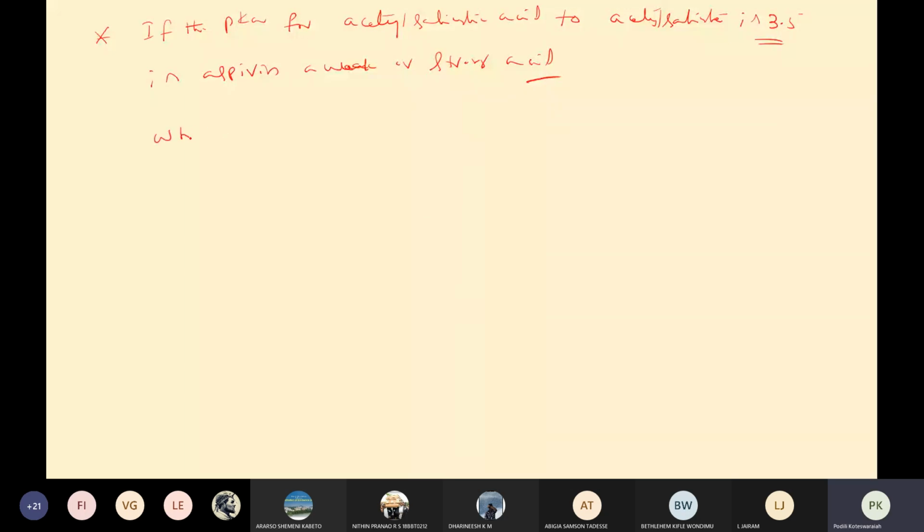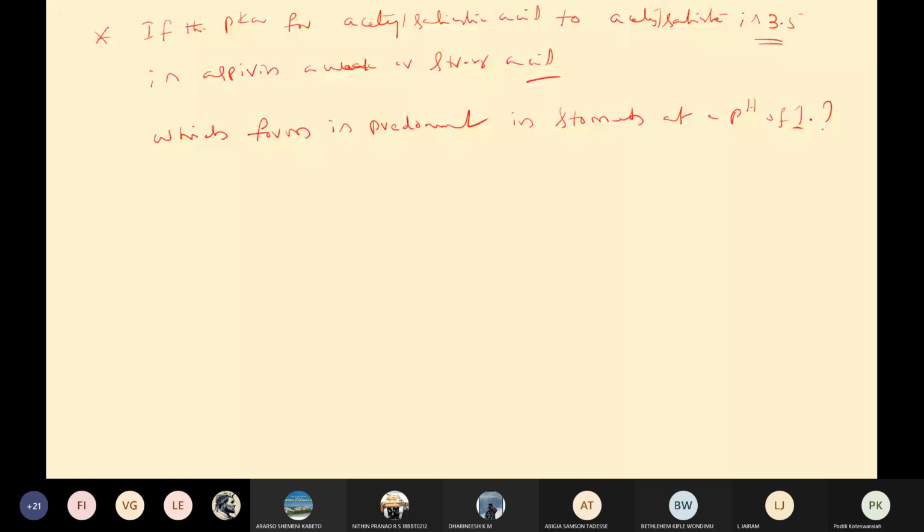Which form is predominant in the stomach at a pH of 1?